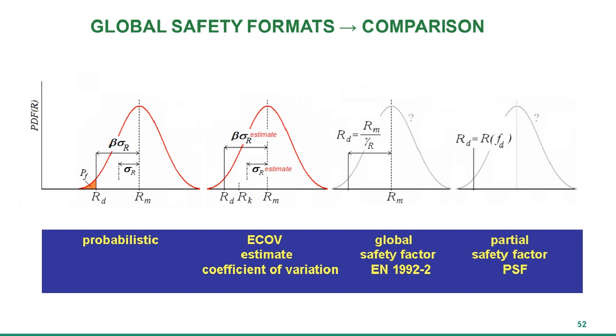As you can see in these last two approaches, we have no idea about the distribution. However, we consider the distribution by these partial factors directly applied to the materials for the PSF method, or by the global safety factor for the global safety factor approach.